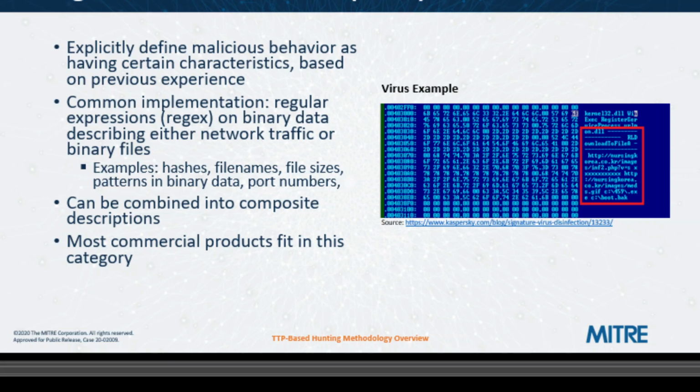So examples of doing this would be to use specific hashes or specific file names, patterns in data, specific port numbers, IP addresses, domain names, and sometimes many of those signatures can be combined into a composite signature. And there are lots of commercial products that fit into this category.